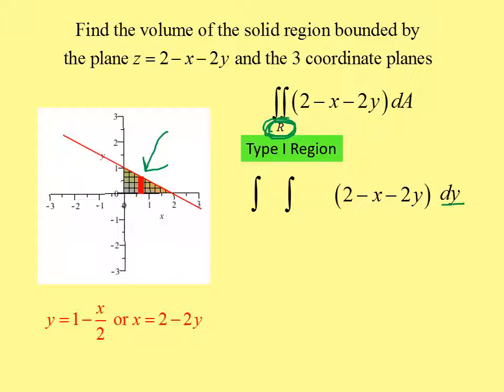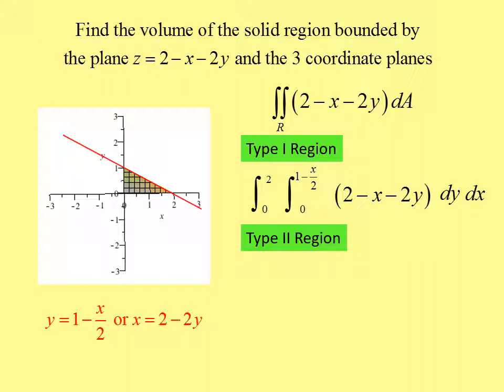So let's describe that rectangle as what's on the bottom and what's on the top. The bottom would be y equals 0, and the top would be y equals 1 minus x over 2. Then we need to decide what are the values of x on the left and the right. That would be the 0 and the 2.